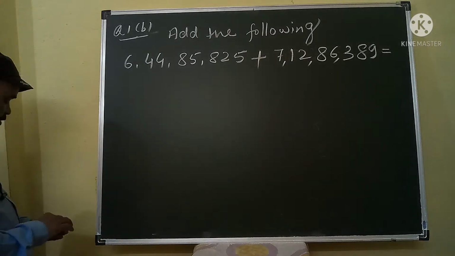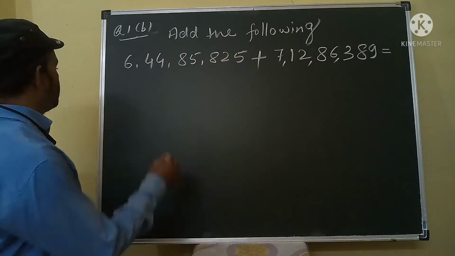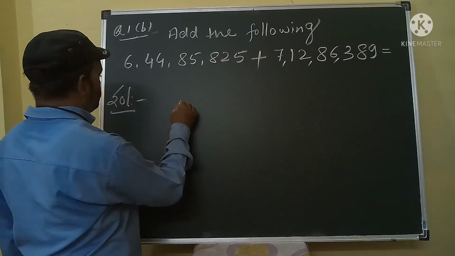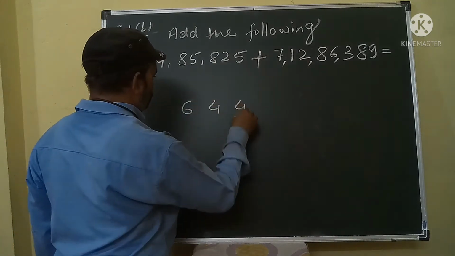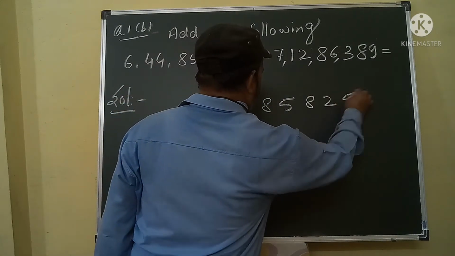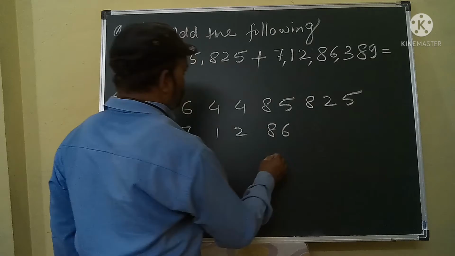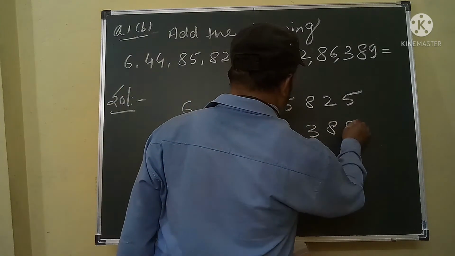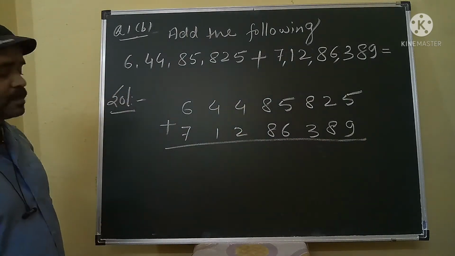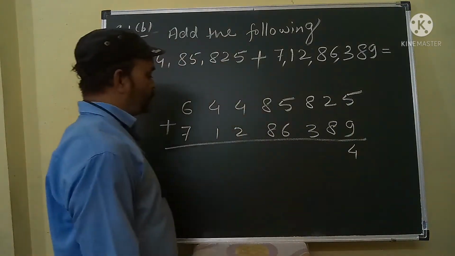Okay. Now we will discuss what is the sum of these two numbers. Look here. Solution is: what is the sum of these two numbers? 5 plus 9, 14. This is 4.